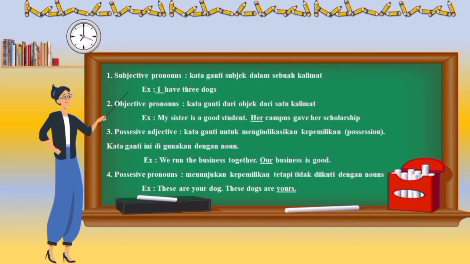These dogs are yours. And then you can see the difference between possessive adjective and possessive pronoun. With possessive adjective, we use a noun, but for possessive pronoun, we don't use the noun in the sentence.